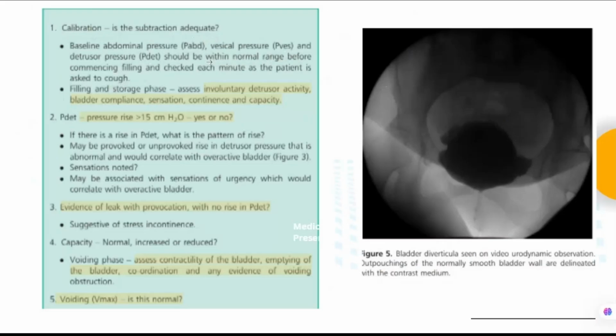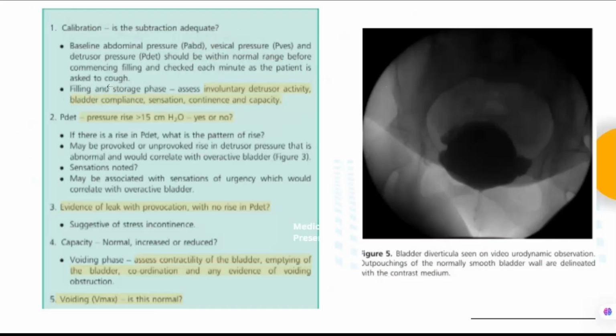There should not be any change in the detrusor pressure when you are not filling the bladder. When you fill the bladder, there might be change, but without filling, there should not be any change. Before you start, you have to calibrate it.